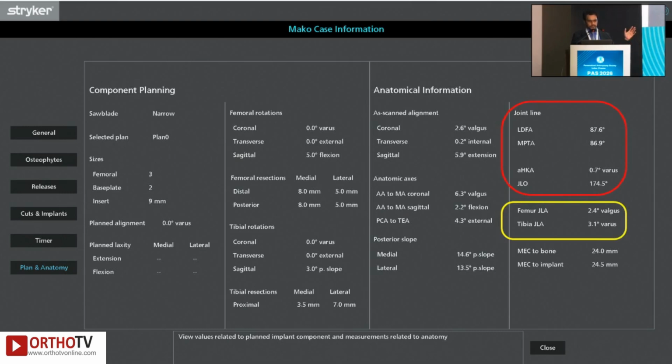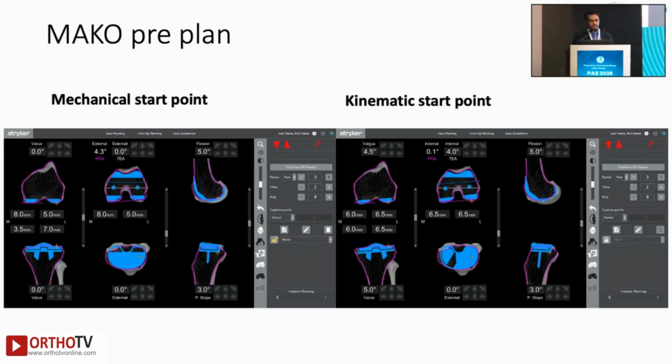I know that this tibia is in varus about 3 degrees, my femur is in valgus about 2.4 degrees, and that's what I'm trying to recreate at the end of the surgery, more than the CPACs here. And of course, it gives you additional information like the slope, which I would try and use as a guide. Of course, in Indian patients, we get extremely high amounts of slope, especially on the medial side, which is not very feasible to recreate, but it still acts as a guide.